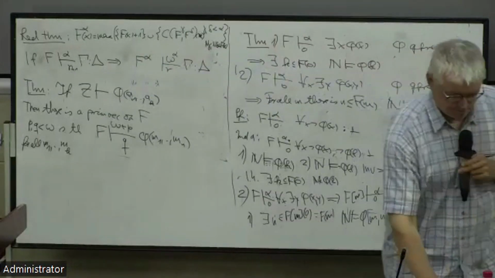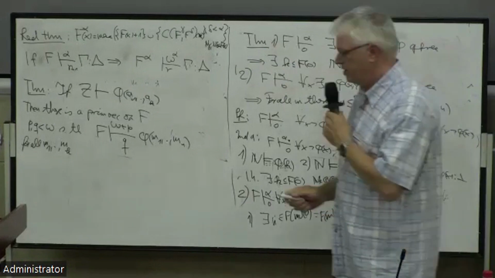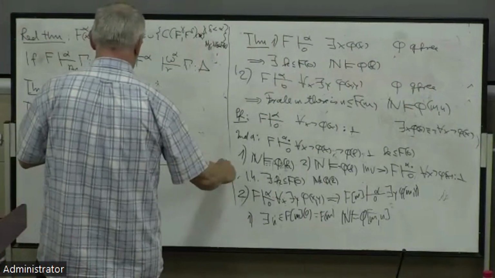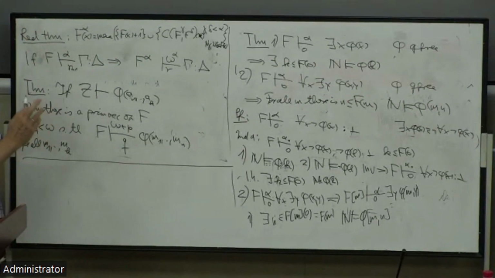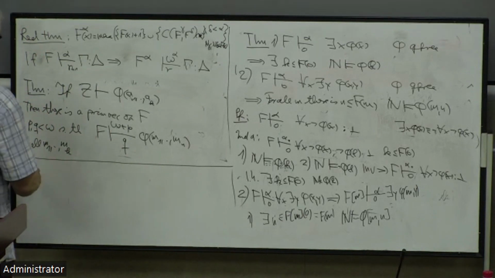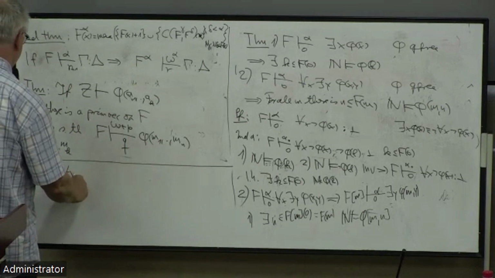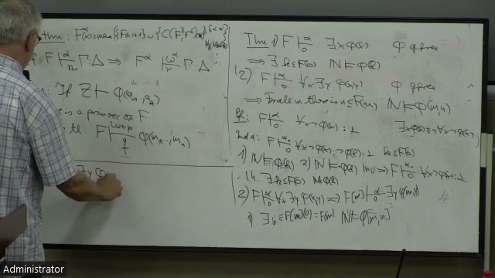Okay. Now, I assume that this is going to work. Then we can do the following. Namely, we do our classification of provably recursive functions. So assume we have Z proves a statement for all x there's a y, phi of x y.